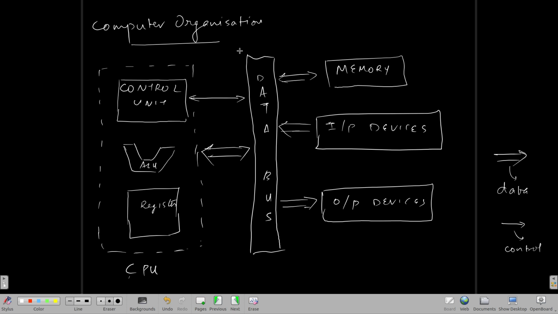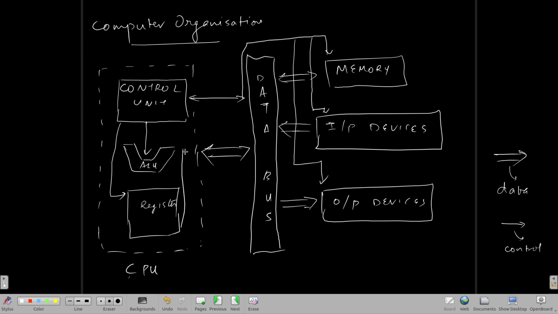Okay, so actually you can elaborate this in the sense that there is a control flow between the processor and the other devices. There is a control flow between the processor and the ALU, and the processor and registers. And also there is an internal data flow between the ALU and the registers.